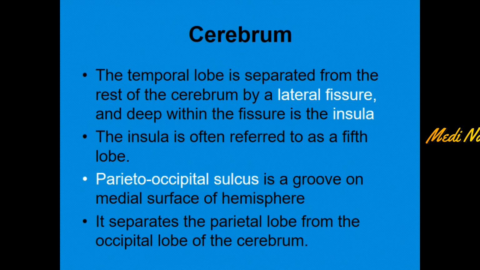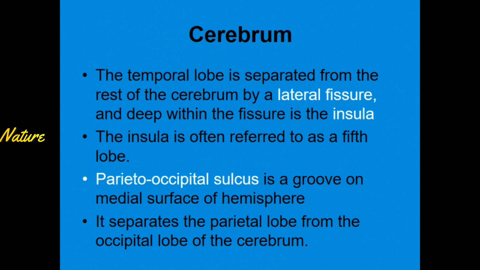The temporal lobe of the cerebrum is separated from the rest of the cerebrum by a fissure called lateral fissure. The area deep within the fissure is called insula. The insula is referred to as the fifth lobe of the cerebrum. Parieto-occipital sulcus is a groove on medial surface of each hemisphere.